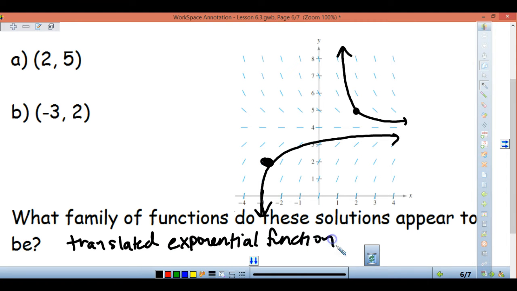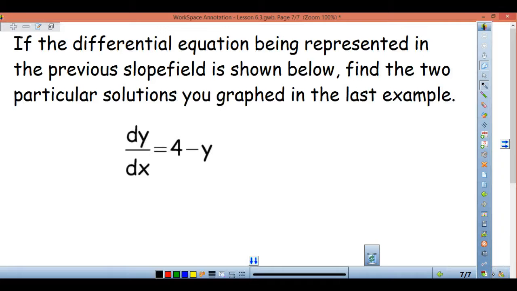So perhaps there's some form of e to the x, like this one here, you can tell has some kind of a reflection, but they appear exponential. So if the differential equation being represented in the slope field is dy/dx equals 4 minus y, let's actually find those two particular solutions.